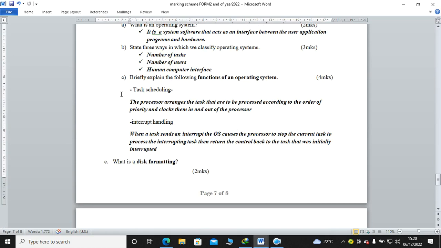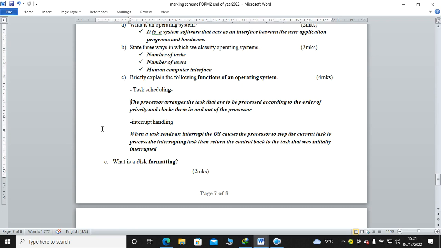Then we have, briefly explain the following functions of the operating system. We have task scheduling, interrupt handling. So when you talk about task scheduling, the processor arranges the tasks that are to be processed according to the order of priority and clocks them in and out of the processor. So what the operating system does, it will just check which task came first, and then it will be worked on according to priorities, like when it came first in the memory.